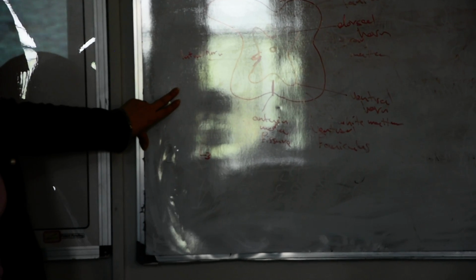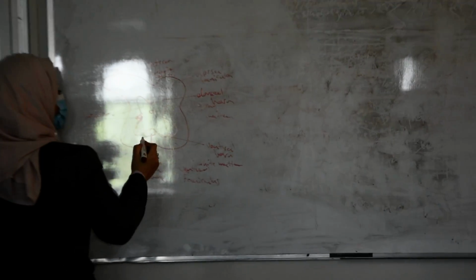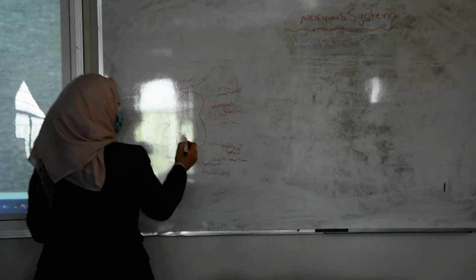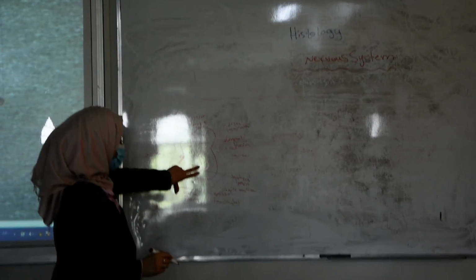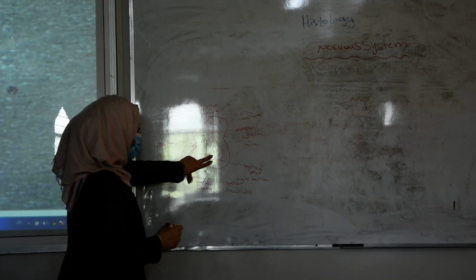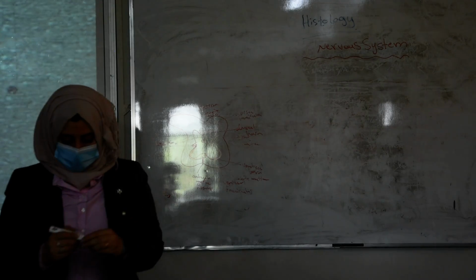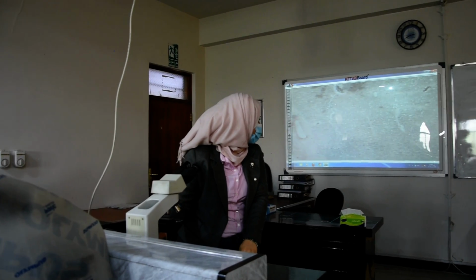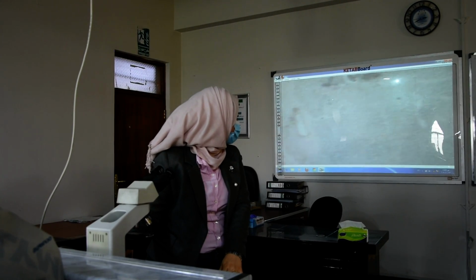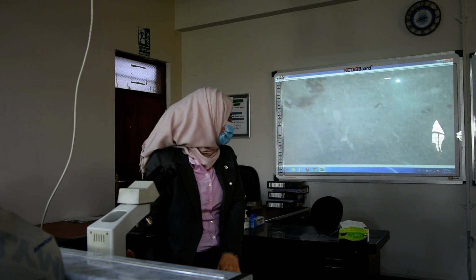At the sacral, we have a bulky ventral gray horn. So at this slide, we saw the central canal and the gray matter.